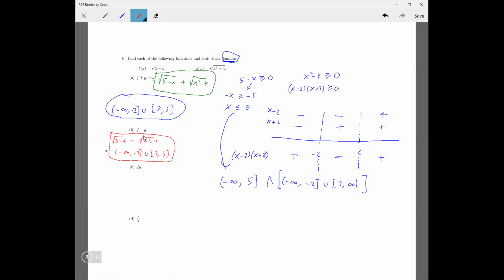Basically, we did all the work for D when we worked it for A. And this one is just going to be the product of those two, and it's going to be the same.